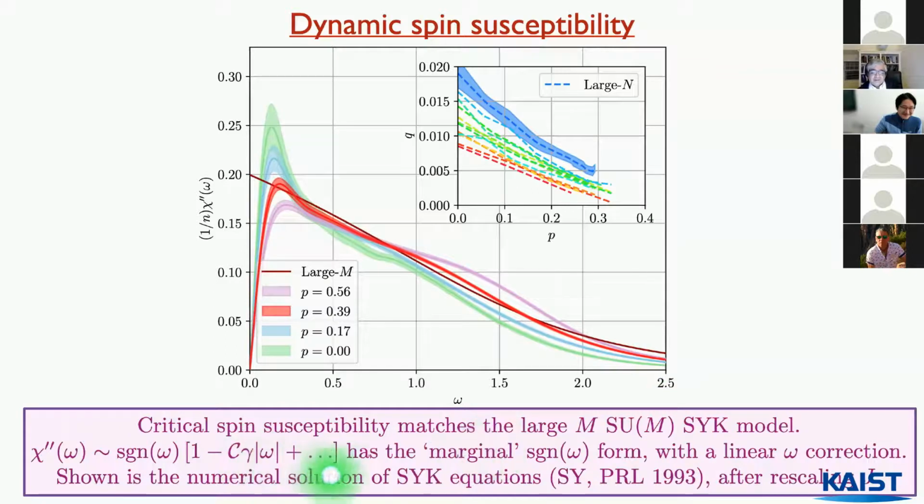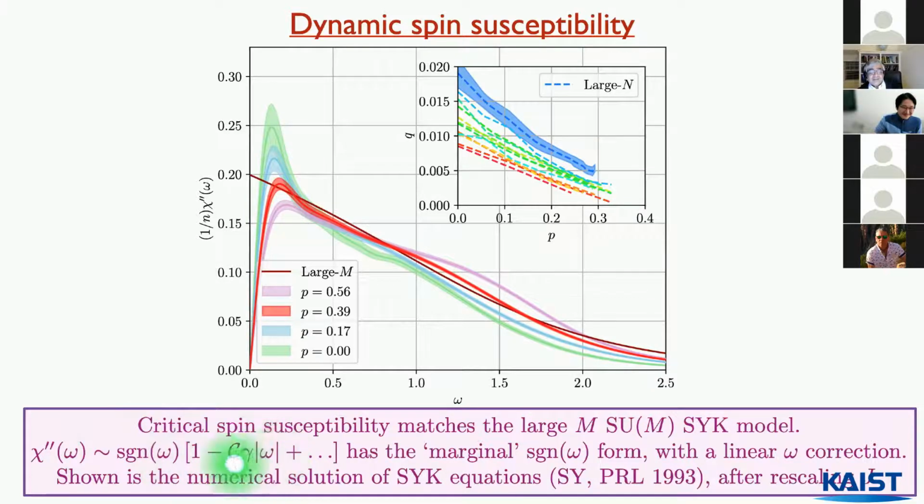More importantly, this behavior, chi double prime of omega goes as sign omega (1 minus c gamma omega), is in fact universal to the theory I presented in the first part of my talk. The sign omega is a consequence of the 1 over square root of omega behavior in the single particle Green's function.